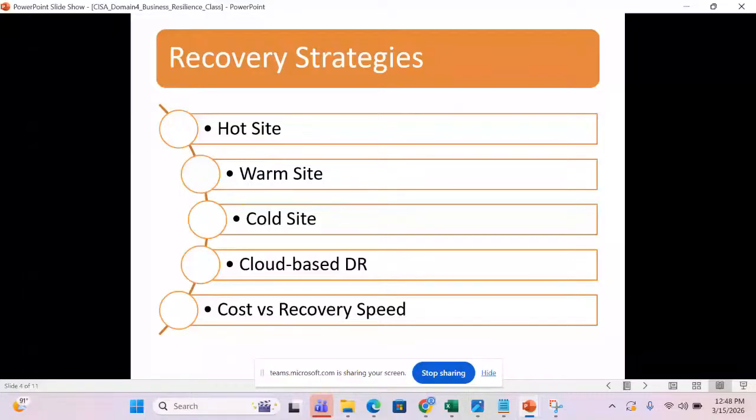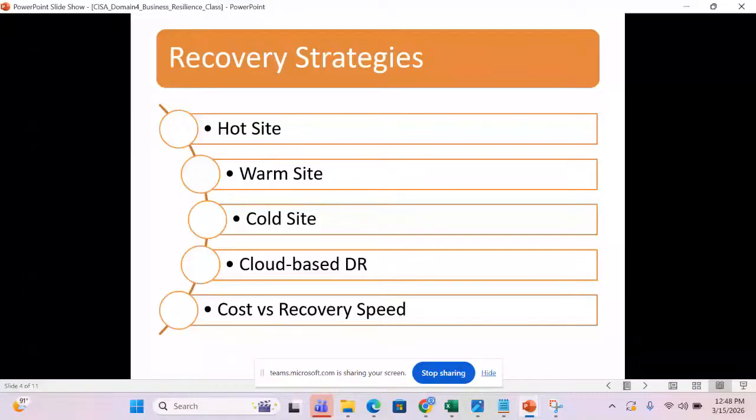We have the hot site, we have the warm site, we have the cloud-based disaster recovery, and then we have the cost versus recovery speed. This cost versus recovery speed is what we'll use to sum up the different strategies that we have under recovery strategy.